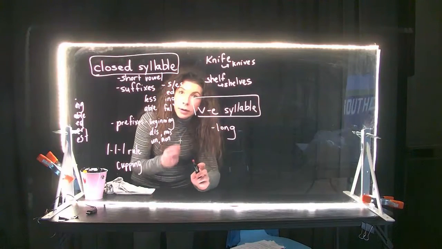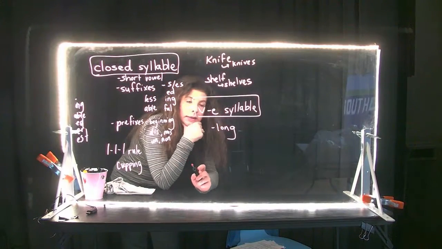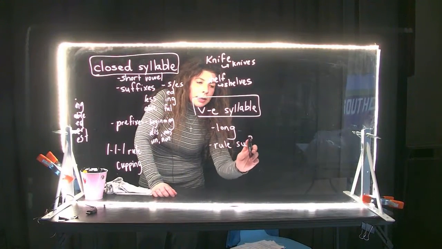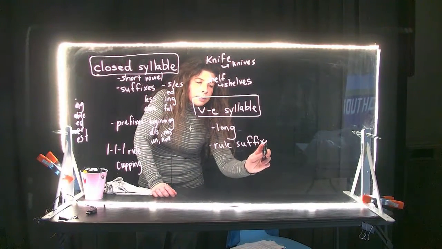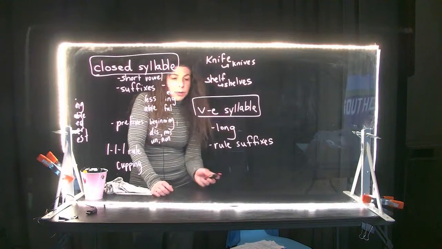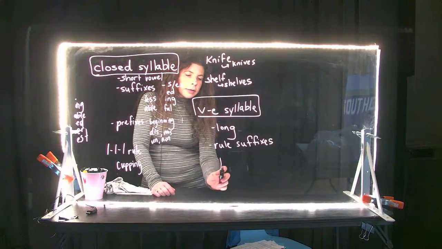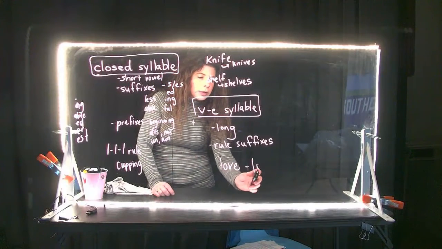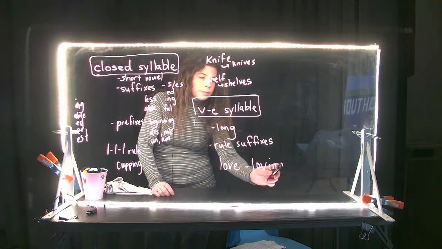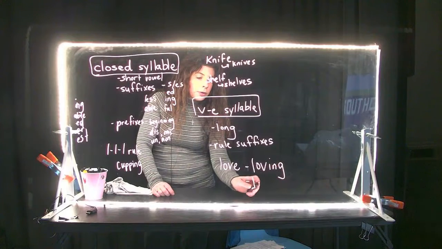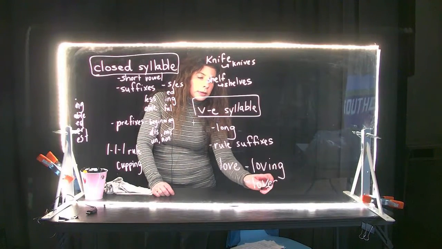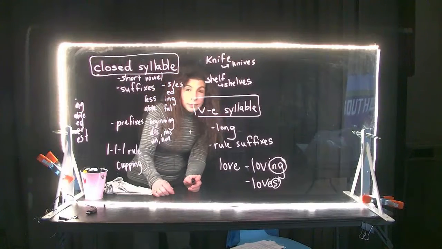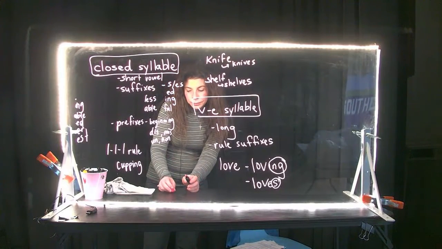It has a vowel, one consonant, and then an E. We talked about the rule for adding suffixes, how you drop the E. For example, loving: your mom loves you, she treats you with loving kindness. Now, if you are adding a consonant suffix, then you don't drop that E. That was a rule we learned.